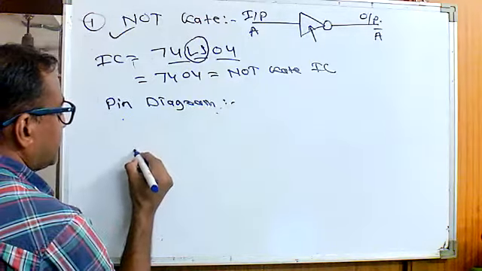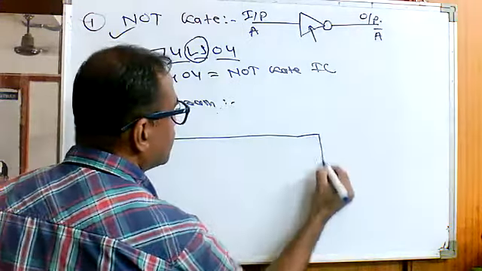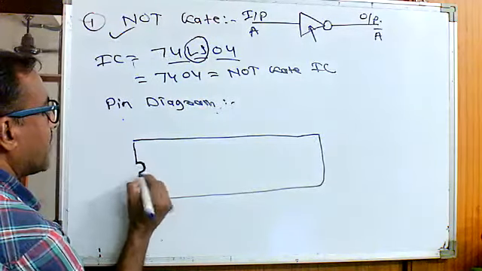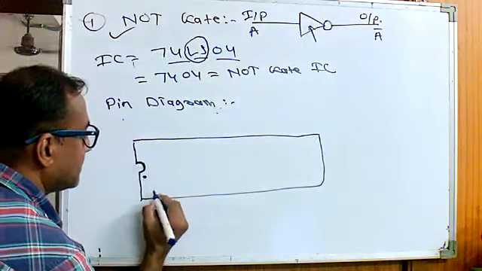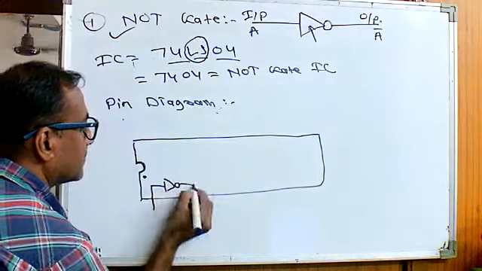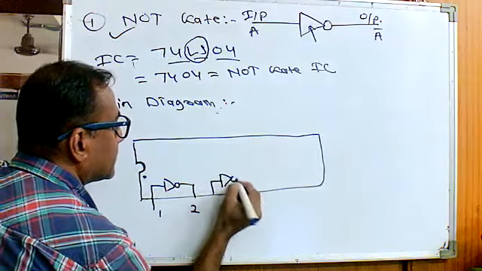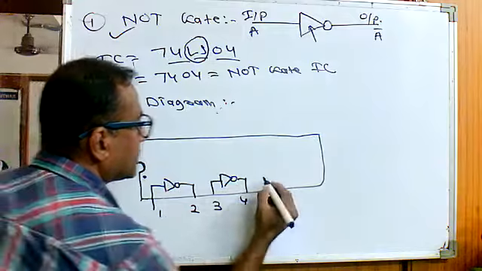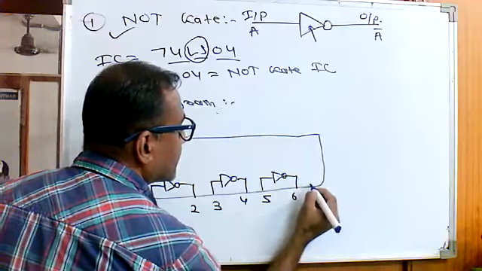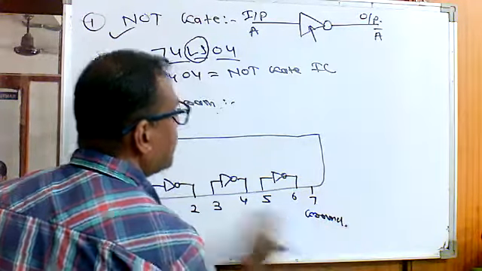The IC is a 14 pin IC. In this gate, the input signal is pin number 1 here. 1, 2, 3, 4, 5, 6, 7. Pin 7 is the ground pin.